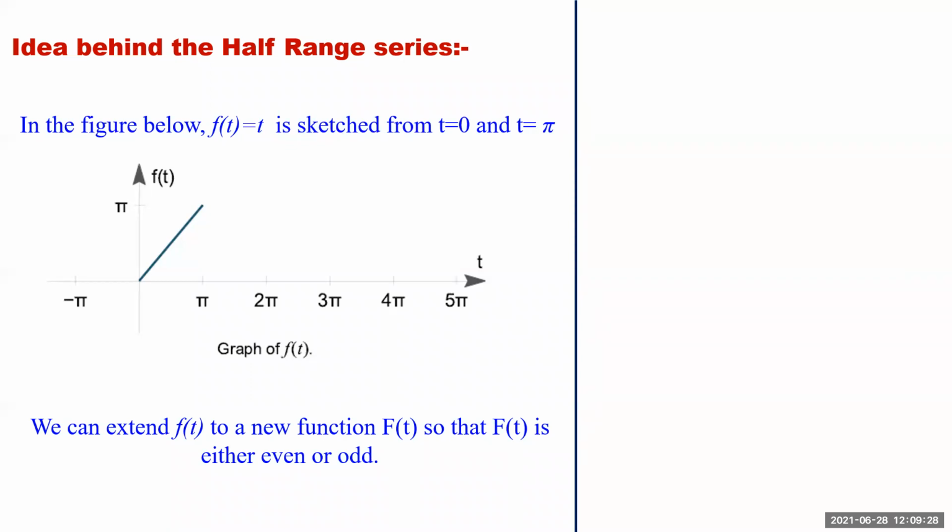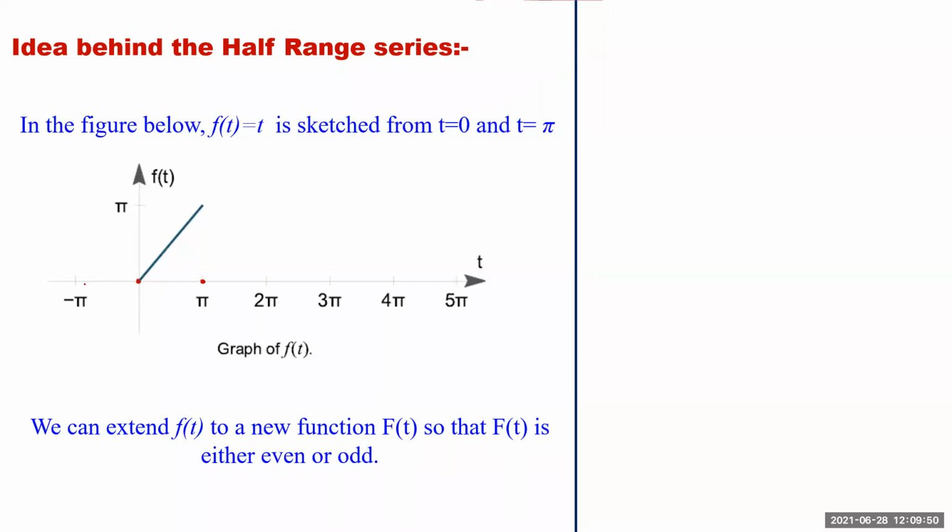Now see what I'm trying to do here. To find out the Fourier series expansion of this particular function, I'm extending this function in the interval minus pi, 0. The actual function you are given only in between 0 and pi.